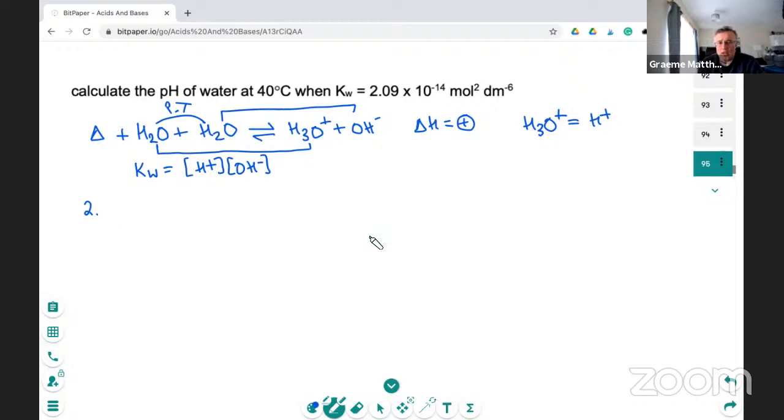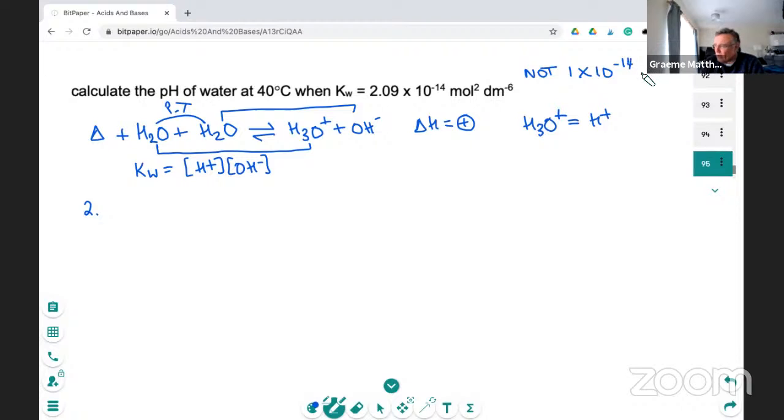Because they changed the temperature down to 40 degrees, Kw is not going to be equal to 1 times 10 to the minus 14.